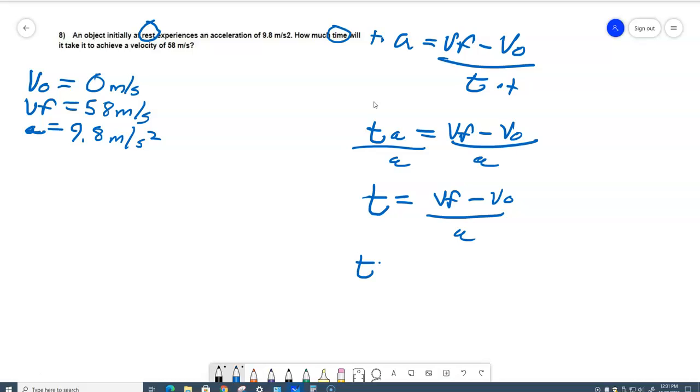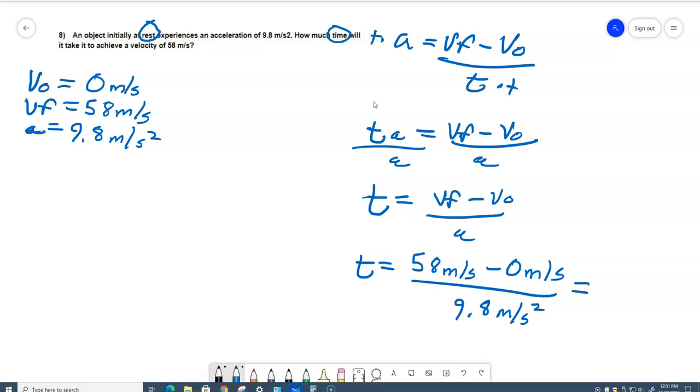So t equals v final, which is 58 meters per second, minus 0 meters per second, over 9.8 meters per second squared. So 58 minus 0 is 58.